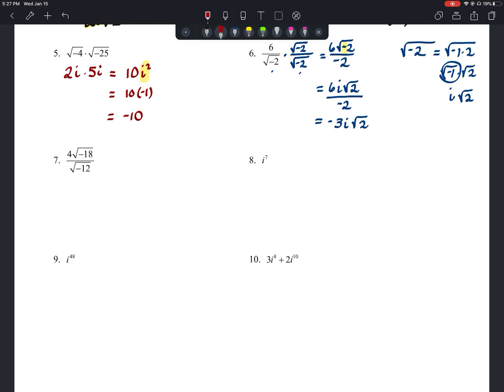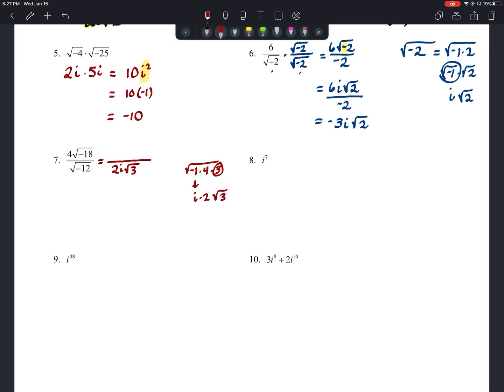So the square root of -12, we know, is like -1 times 4 times 3. The square root of -1 we know is i. The square root of 4 is 2. And we can't take the square root of 3, so we're going to leave it inside the square root. So what we've got right now is 2i times the square root of 3.